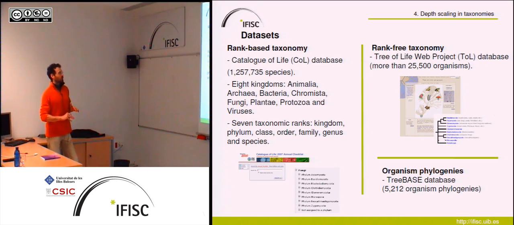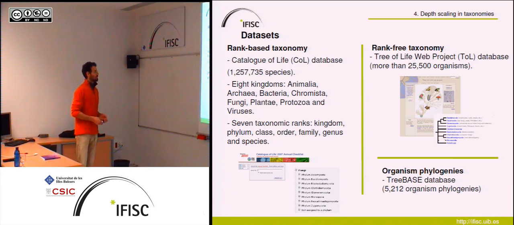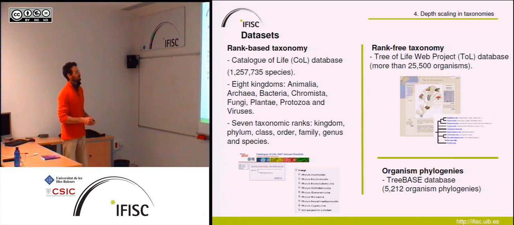The taxonomic ranks that it considers were kingdom, phylum, class, order, family, genus, and species. As a rank-free taxonomy, we use the taxonomic tree built by the Tree of Life Web Project, which includes more than 25,000 organisms.